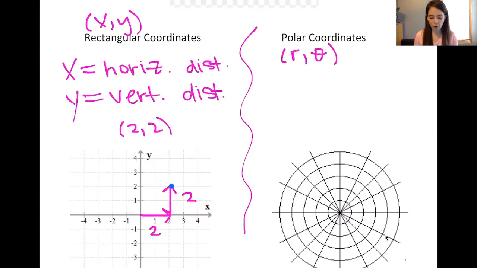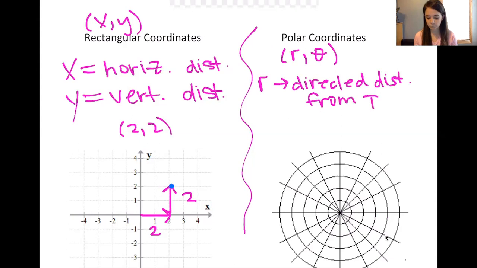Okay, r is actually going to give us a directed distance from the pole, which means if we have a positive r, we're going to move forward from the pole. If we have a negative r value, we're going to move backwards from the pole.